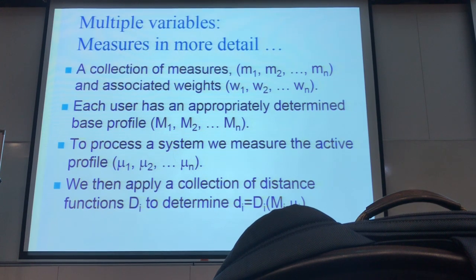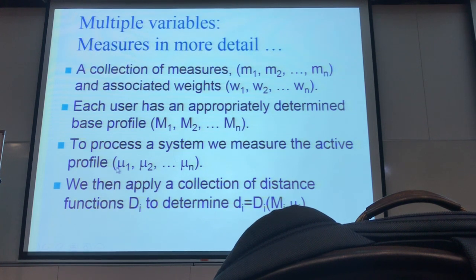After you define the base profile, this is like the whitelist. This is the expected behavior. Then if there are some active actions, you try to compare this set of actions against the base profile. How to compare? You calculate the so-called distance.